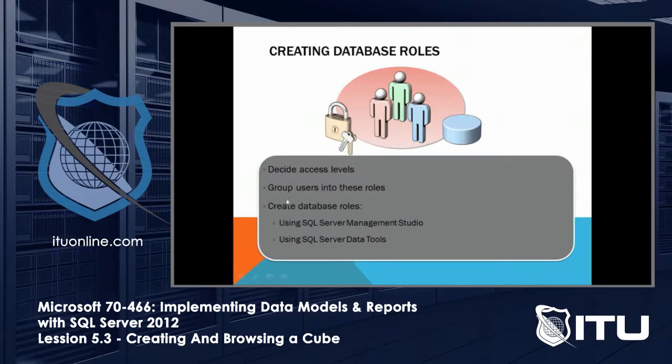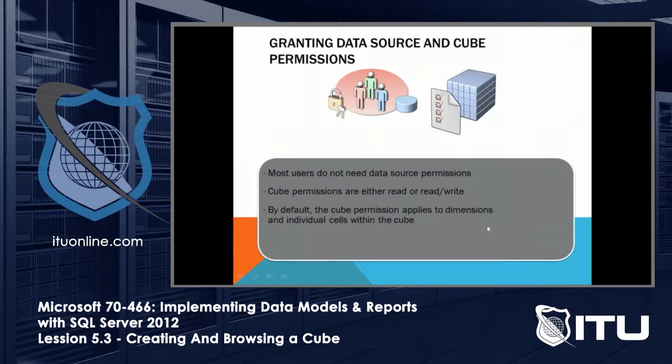All right, so group the users into the roles, create the database roles, and then we can grant permissions to both the cubes and the data sources. Most users do not need data source permission.